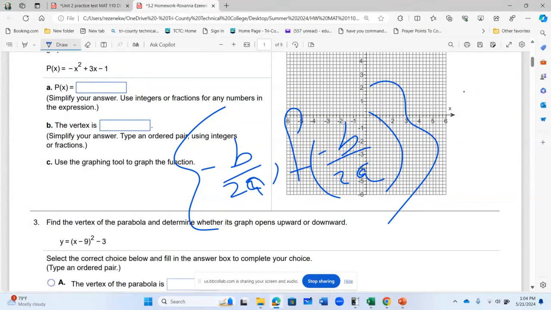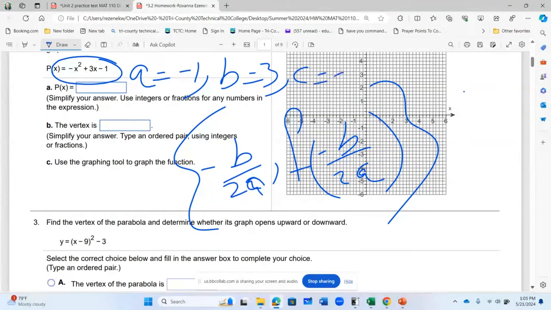So what is b? When I'm given this quadratic function, A is the coefficient of the quadratic term, which is -1. B is the coefficient of the linear term, and C is the constant term.